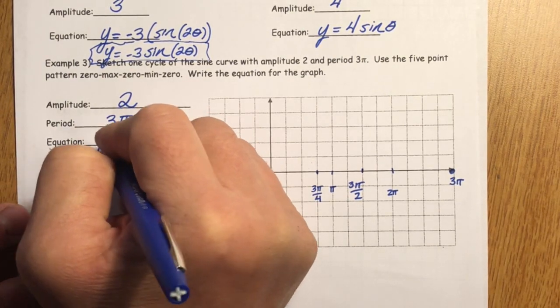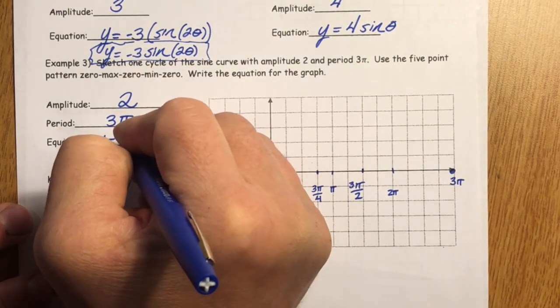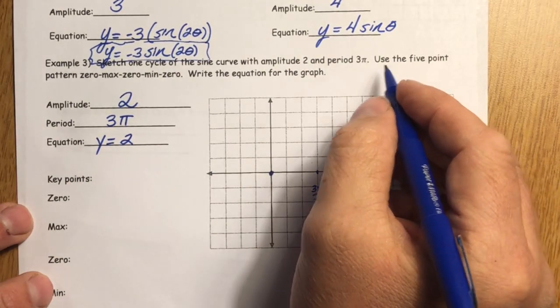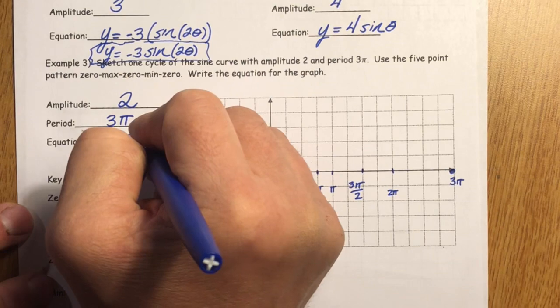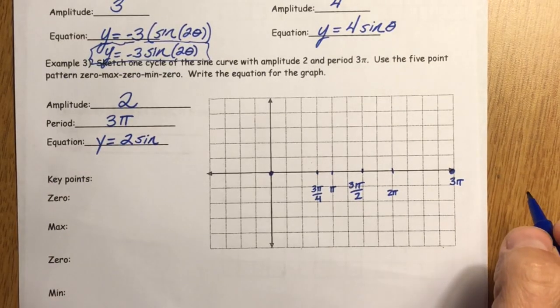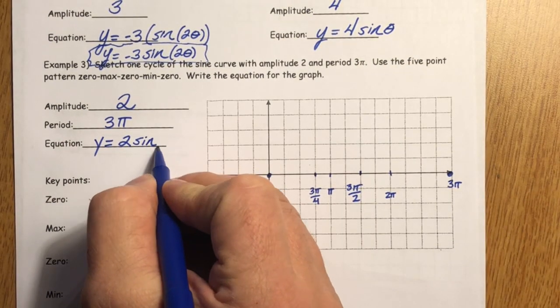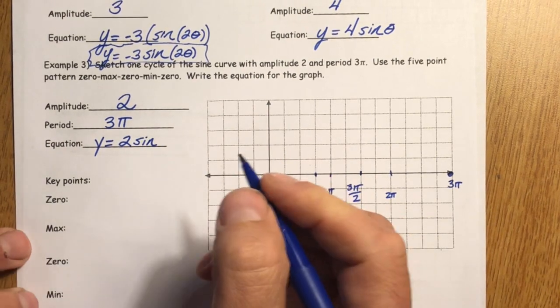All right, so here we go. So y equals, what's my A? My amplitude is 2. It says I have a period of 3 pi. So let's go sine. Now, in order for me to figure this out, I need to put the B value here. So how do you find B?